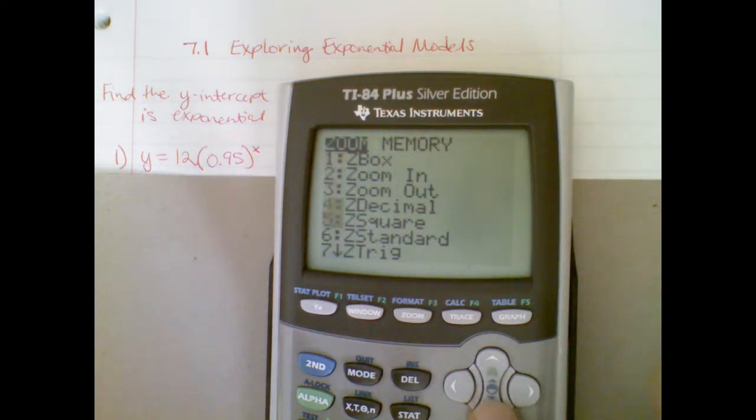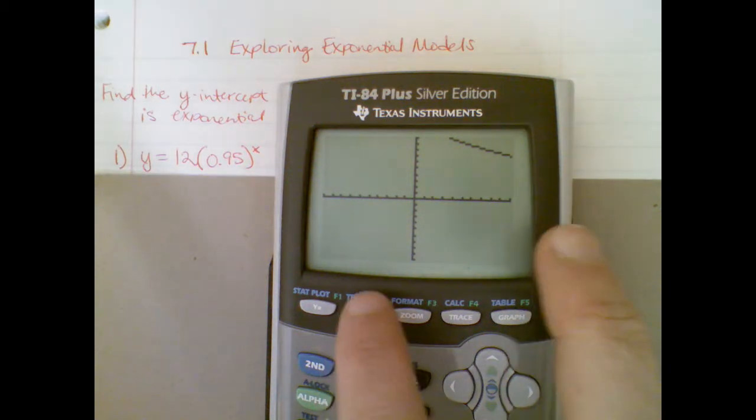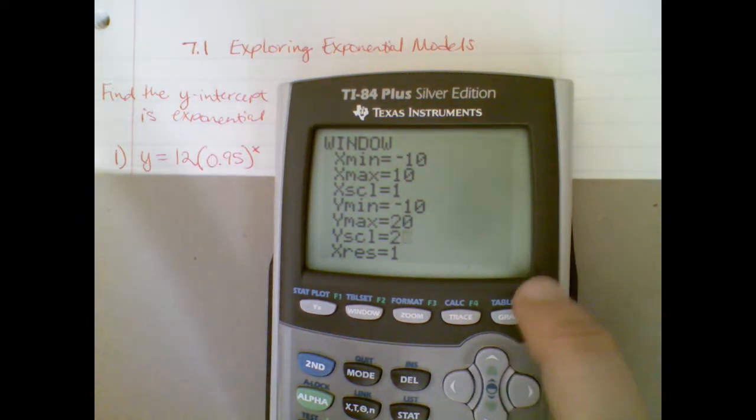So if we go to standard, we can just start to see it. So we just need to go a little bit higher. So maybe go to Window, and we need to adjust the Y maximum. So maybe go to 20 and count by twos.